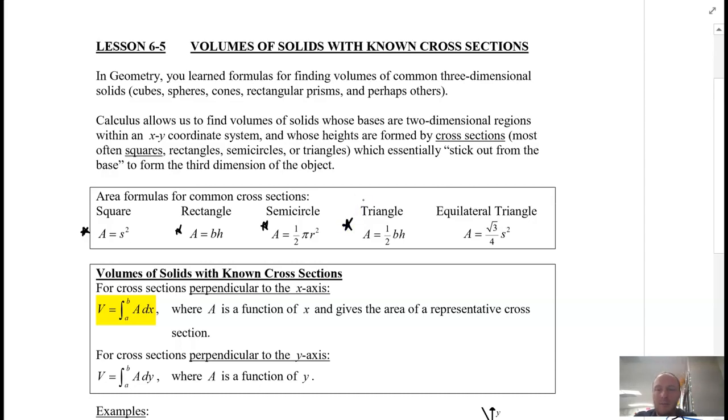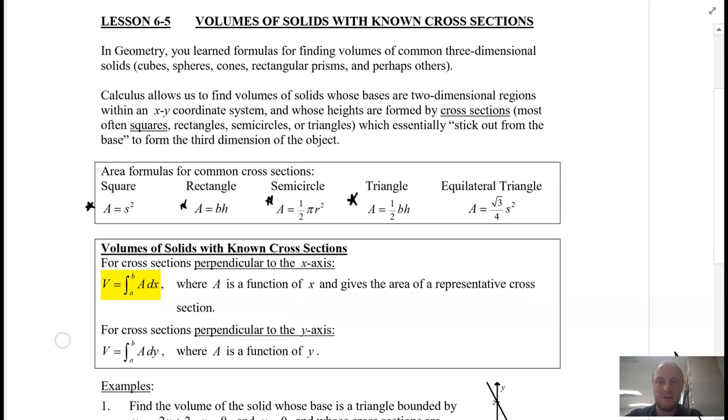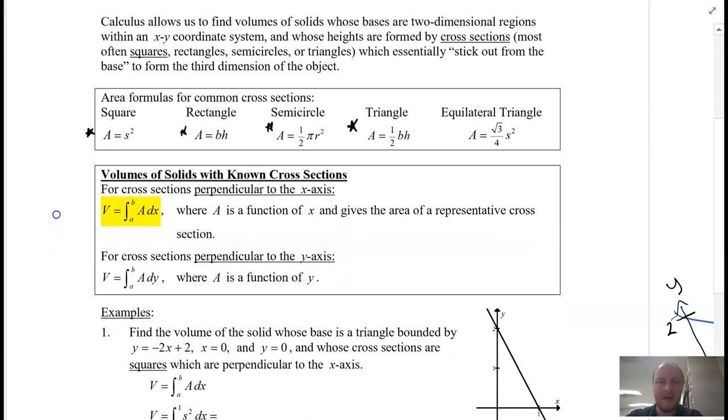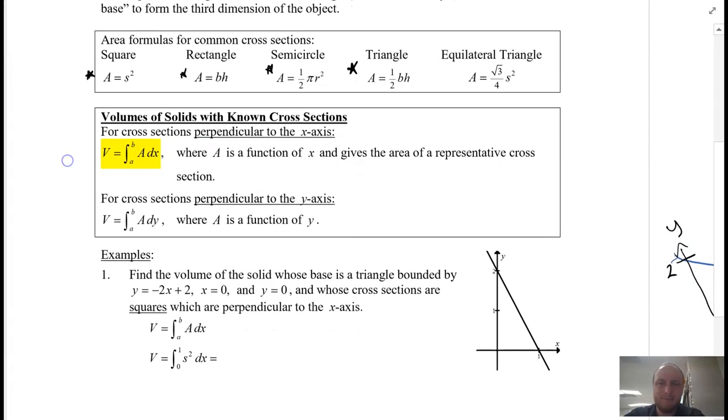Equilateral triangle, if something that crazy was on the exam, they may give it to you. Fingers crossed. If not, then you just have to work with what you got. But I don't expect something like that. Again, I would take the time to memorize these. Utilize your flashcards.